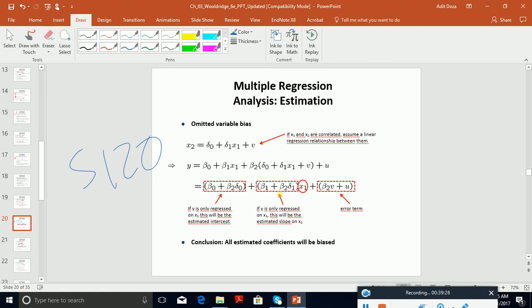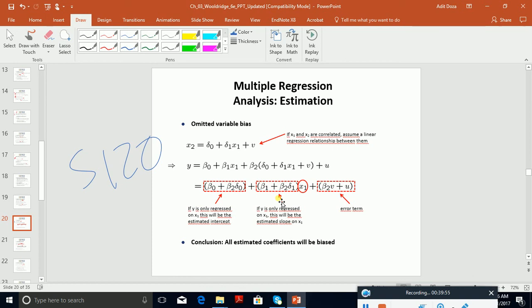So we are slightly overestimating this coefficient if the direction of bias is positive. It can bias your results, but it would still give you the right direction. If your coefficient is positive, it will still give you a positive direction, maybe slightly bigger. If it is negative, it will give you a negative direction.